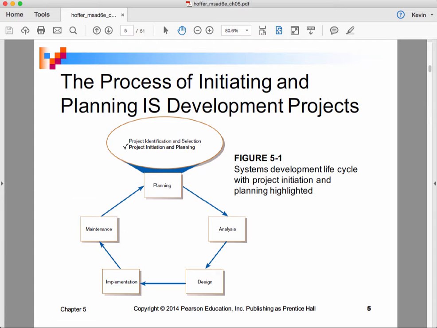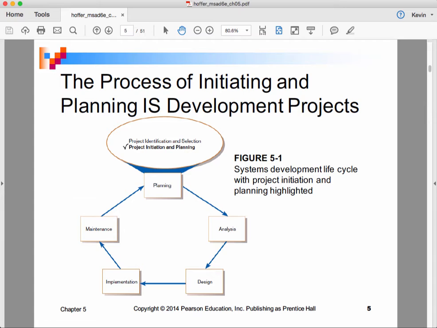And I guess I would include planning and initiation in the same box. But to do that well, you have to have done a little bit of analysis or all the analysis up front. For instance, you have to understand what the needs of the stakeholders are. You have to understand who the stakeholders are in the project. You have to understand what their problems and opportunities are.